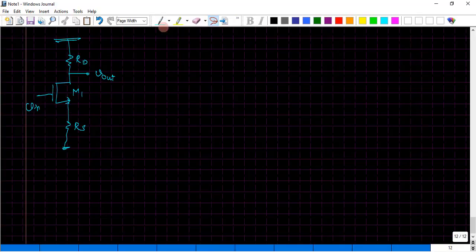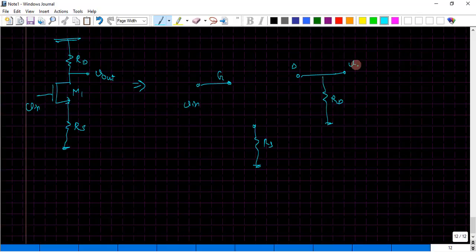So now let me do the first step, that is step number 1, to draw the small signal model. I have my Vin, and this Vin is connected to the gate, and the source terminal is not grounded in this case, being connected to the source resistance RS, and there is a drain terminal, which has a resistance RD and is also connected to the node VO. We know for this polarity there will be a current flowing from drain to source, whose value is gm times VGS.